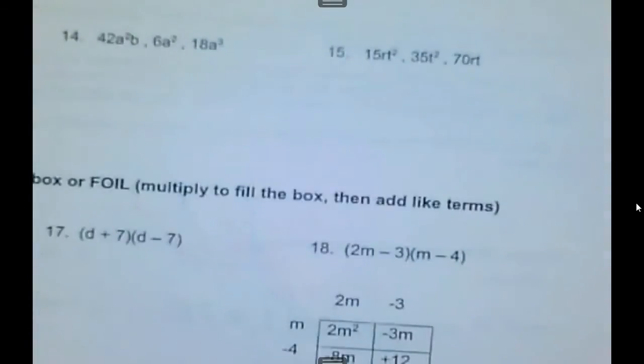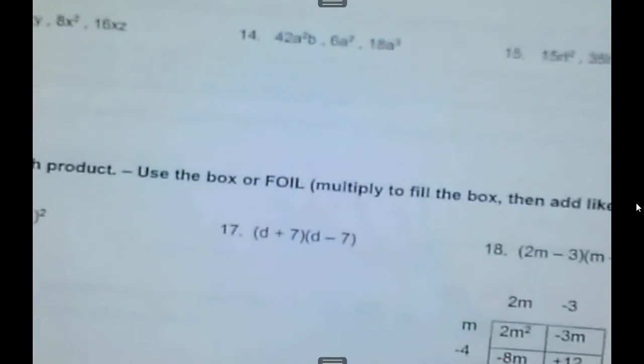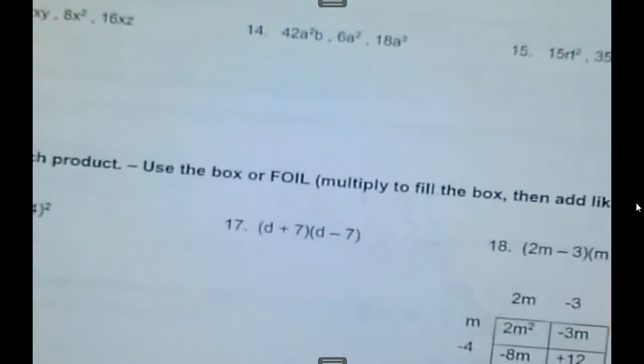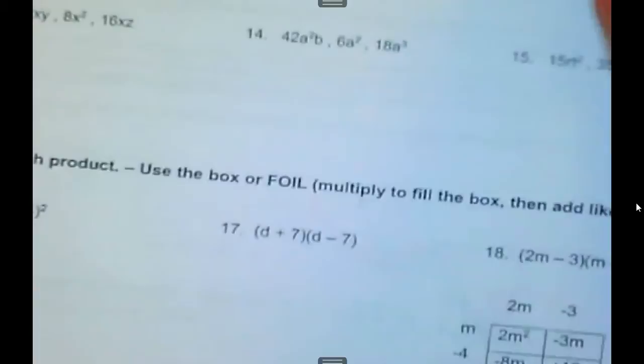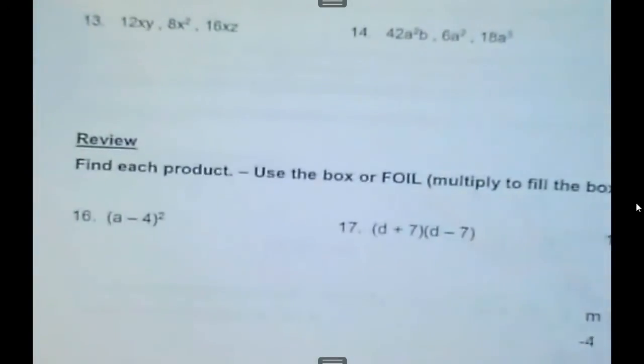How about this review stuff? Remember how to find products? Multiplying polynomials? A binomial times a binomial? Did we do that this semester, right? Or was that last semester? Yeah, I remember.